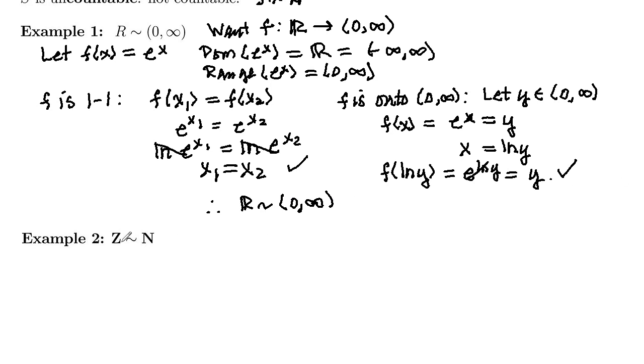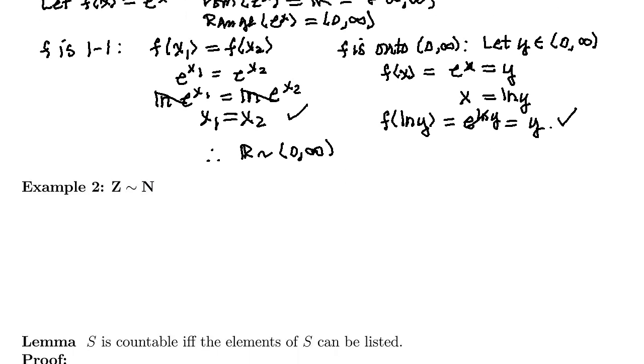Second example, if you look at the integers, they're actually equinumerous with the natural numbers. And there's actually a few ways that you can show this. So think about what this is saying again. The integers, this is positive and negative numbers, and if you throw away the negatives, you still have as much left as what you started with.